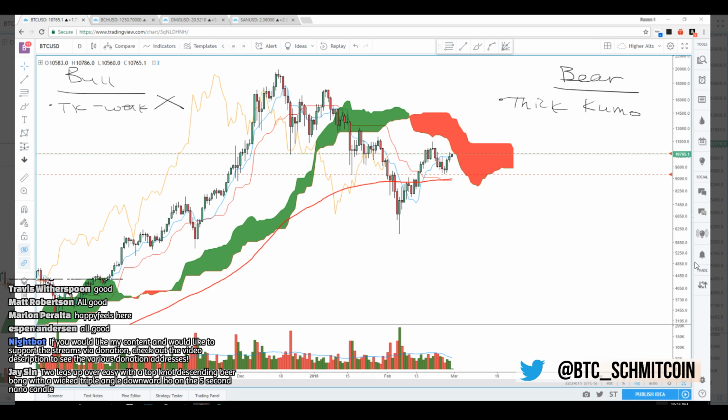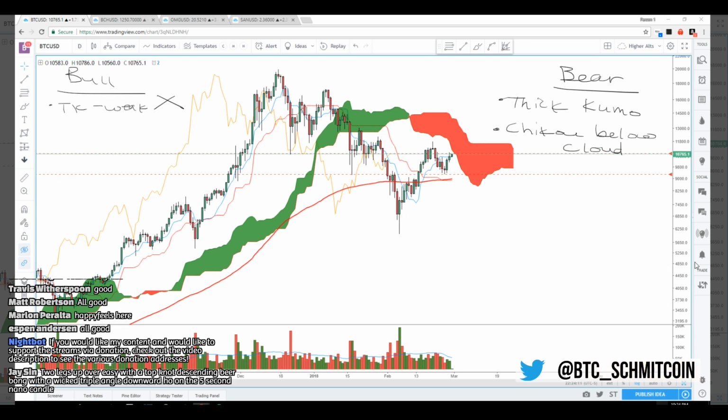We see that the Chikou span, which is this lagging span right here, this yellow guy, is trending below the cloud and nowhere close to breaking out above it. So Chikou, I think it's Chikou, is that how you spell it? Below cloud.